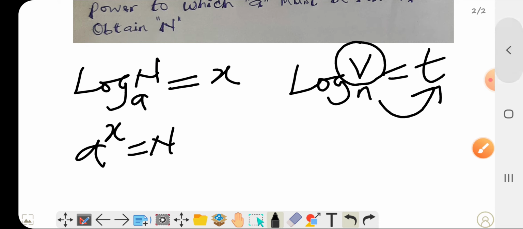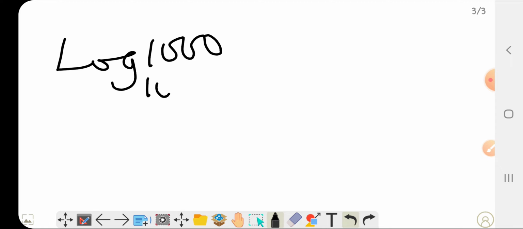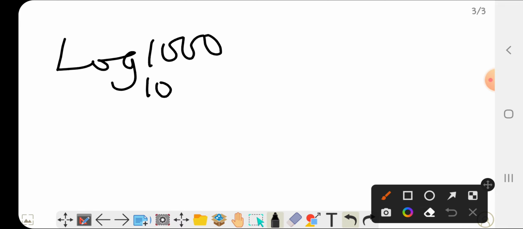Now let's see another example, maybe using real numbers instead of variables this time around. We have log 1000 base 10, and you're asked to evaluate this. You're still going to ask yourself, 10 raised to power what will give 1000?